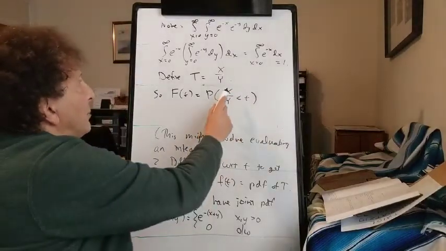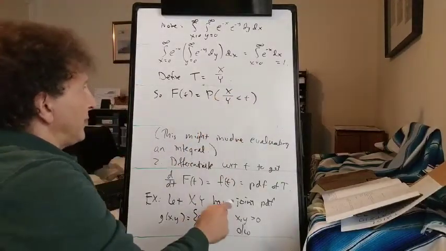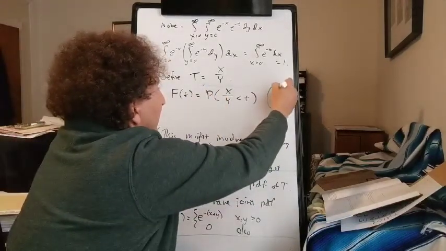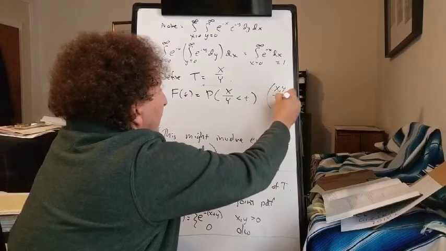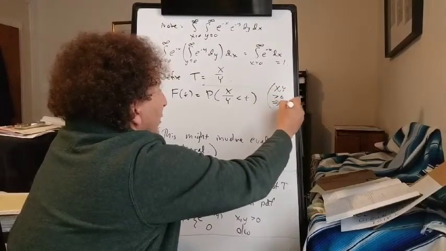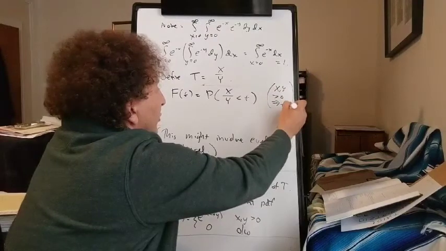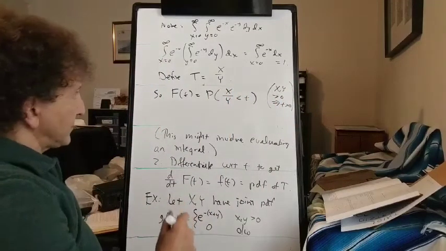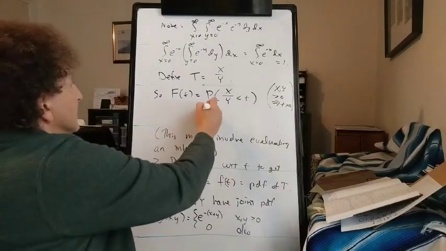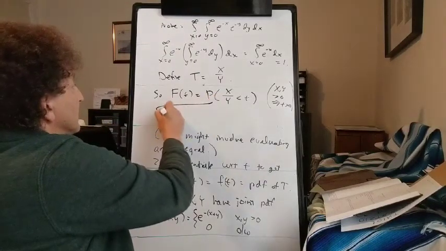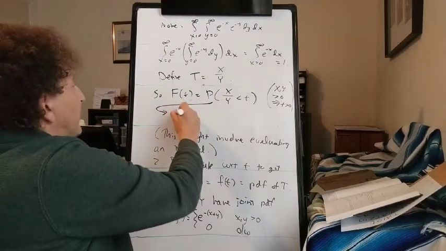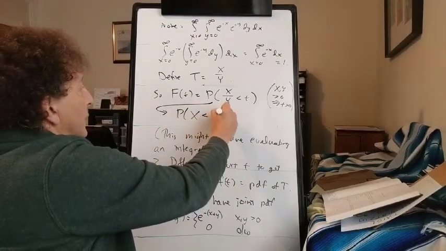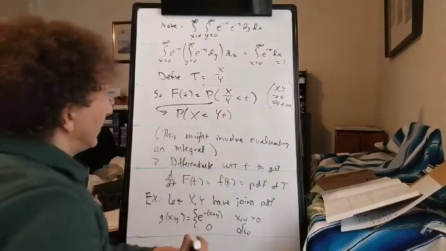Now x and y are both greater than 0, so this ratio is greater than or equal to 0. So we might as well assume t is greater than 0. So this makes sense for t greater than 0. So this is the probability that x is less than yt.